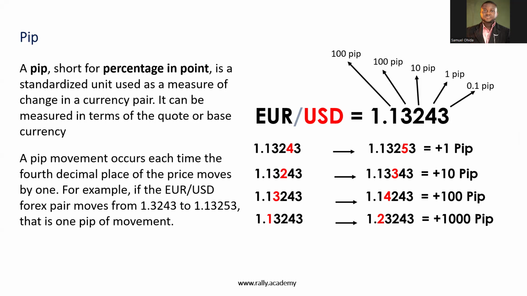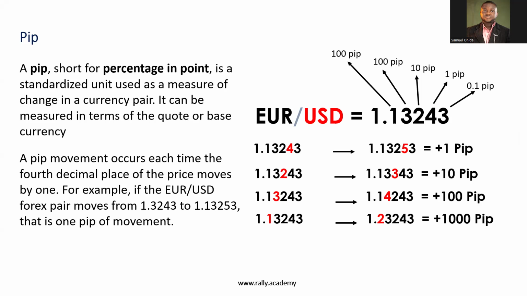We are talking about PIP here and how it is used to measure change in price. Now, look at this price here, 1.13243. You notice that this particular instrument carries 5 digits after the decimal point. A 1 pip movement occurs each time the 4th decimal place of the price moves by 1.